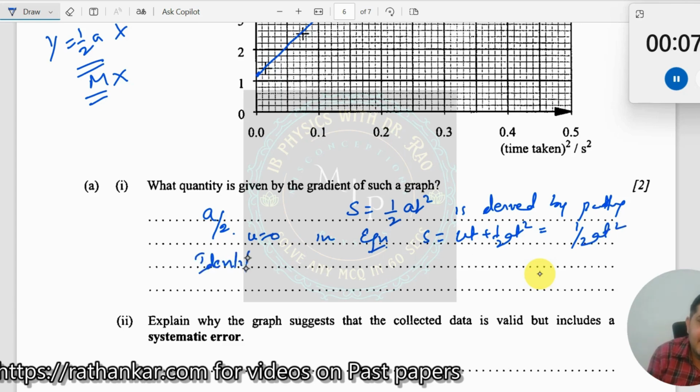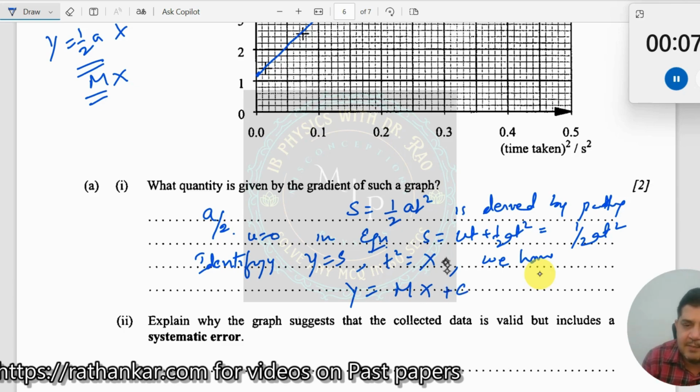Identifying y is equal to s and t square is equal to x, we have y is equal to capital M into x plus c. Actually here it is y equal to mx, not even plus c, according to this equation. So therefore m is equal to slope, which is equal to a by 2. That's it. You can write this one here.